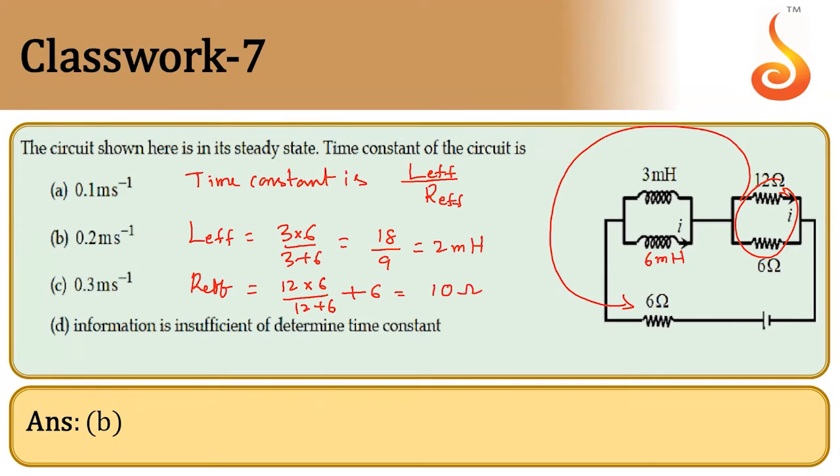Here it will be 72 divided by 18, so 4, and 4 plus 6 is 10. Now the time constant is L effective by R effective, 2 into 10 to the power of minus 3 divided by 10, which equals 0.2 millisecond. Millisecond, it's not inverse. Option B.